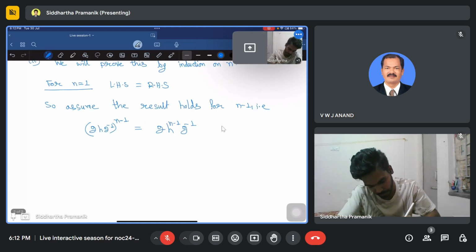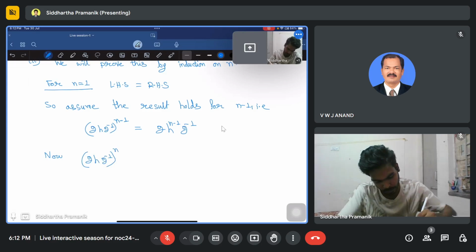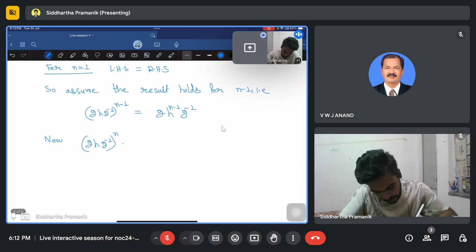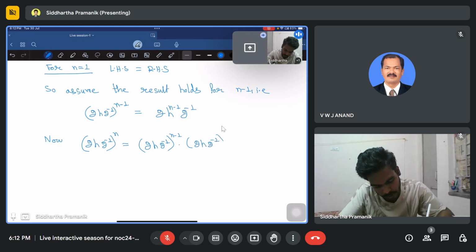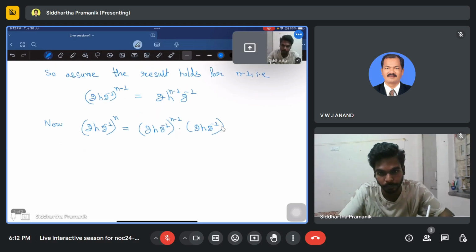So now let's look at the nth power. We can break it as (g h g inverse)^(n-1) times g h g inverse.